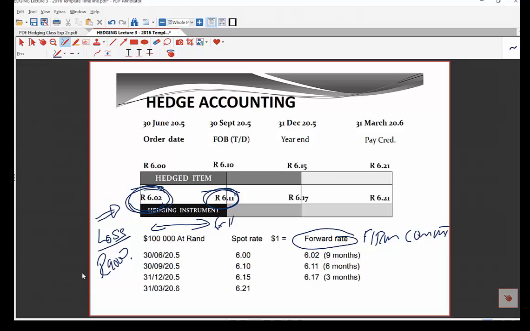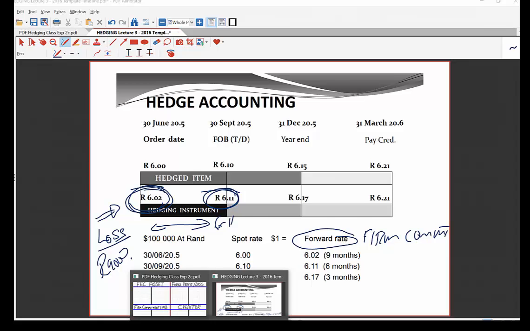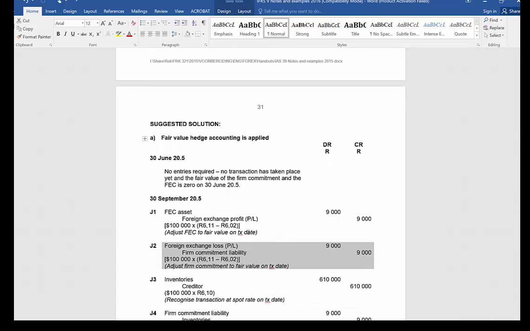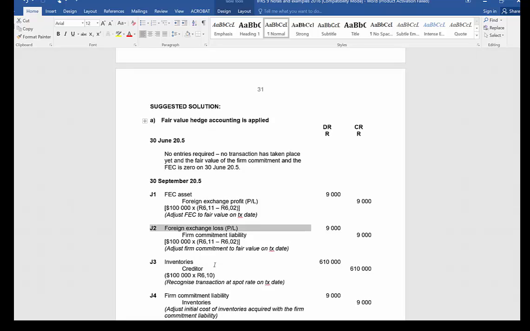And let's now go back to those journals. And there you can see your firm commitment made that loss of 9,000 rands. So we now made the journal number 1, we did journal number 2, and now let's look at journal number 3. Journal number 3 says debit inventories, credit creditor.